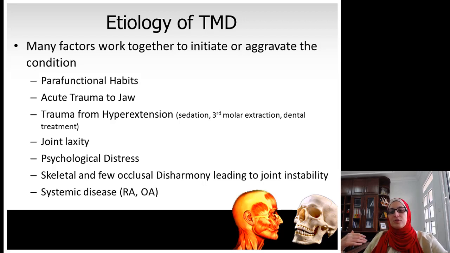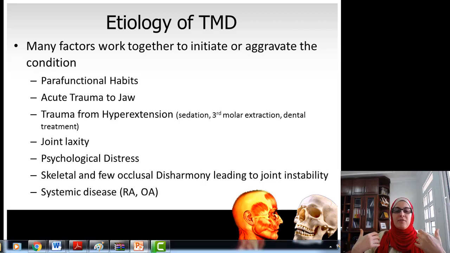Why do these disorders happen? The main cause is that something interfered with the mechanics of the jaw, and the most common is trauma. The trauma could be direct trauma, which we call macro trauma, like the patient received a blow, not necessarily to the joint itself, it could be anywhere in the face.